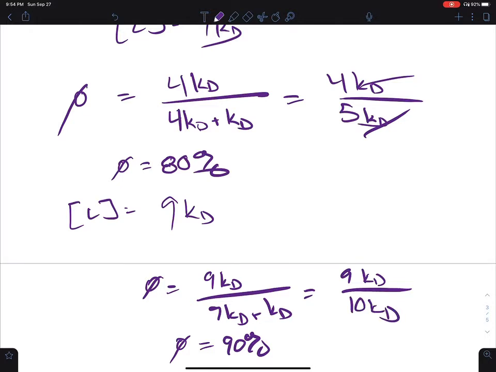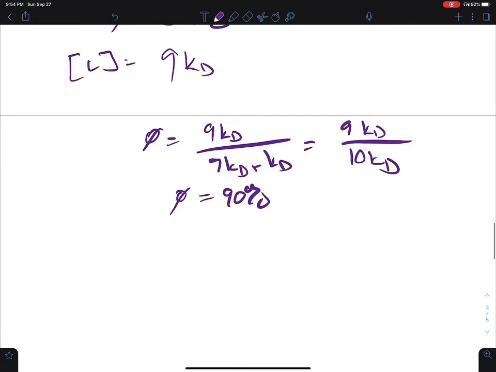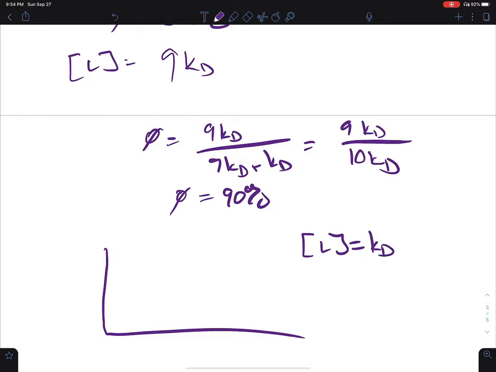Okay, so a couple of things should be apparent. If we had a linear relationship, we said that when the ligand concentration is equal to Kd, then we have 50% bound. So if we had a linear relationship, then when the ligand concentration is equal to 2 times the Kd, you would have 100% bound.